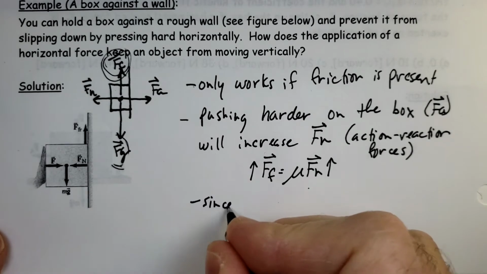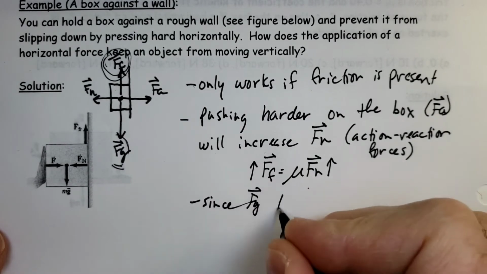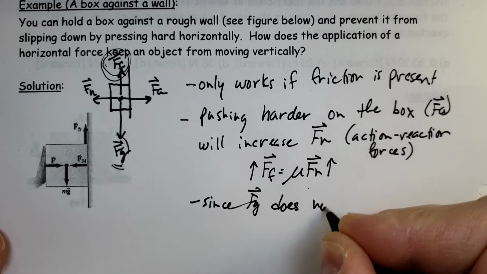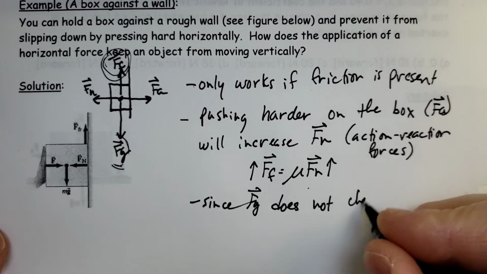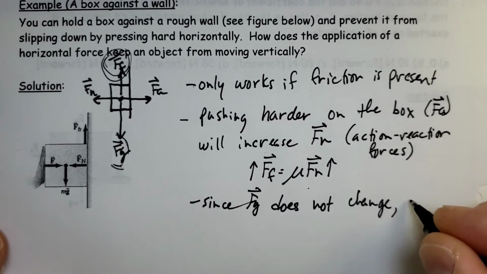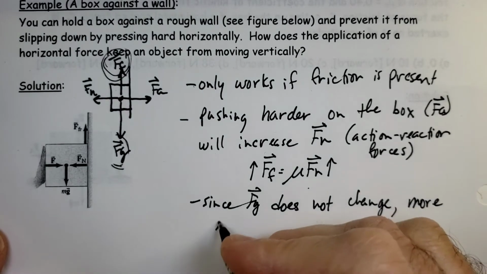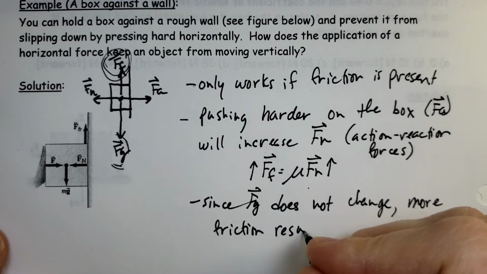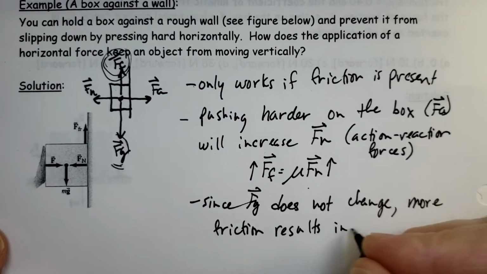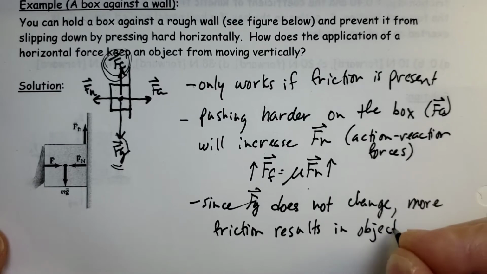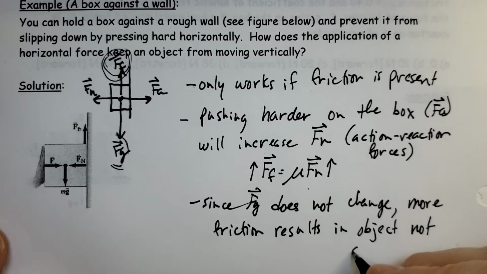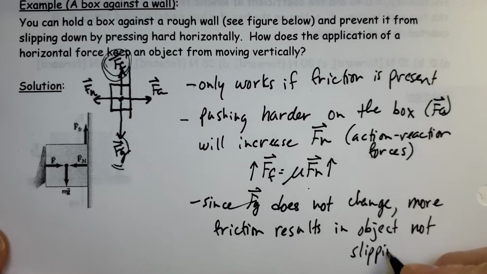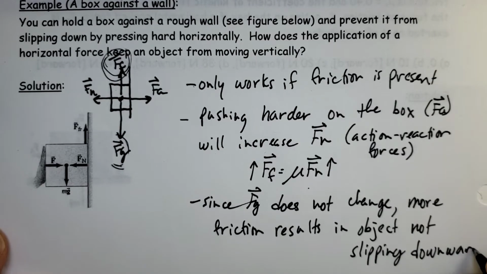And of course, since Fg does not change, more friction results in the object not slipping downwards.